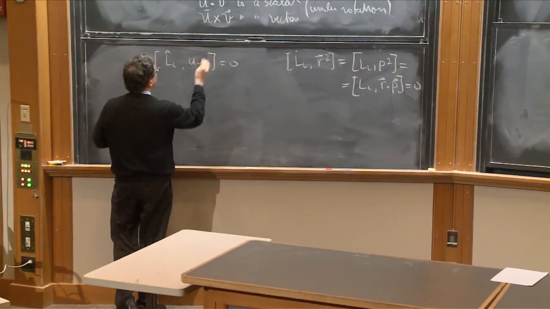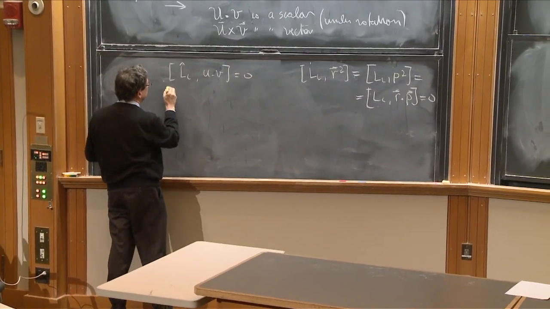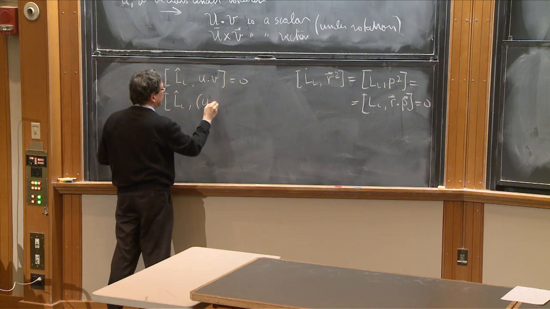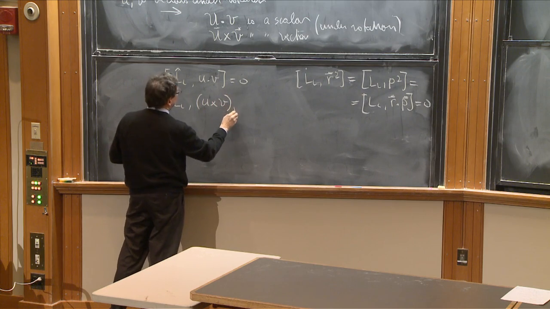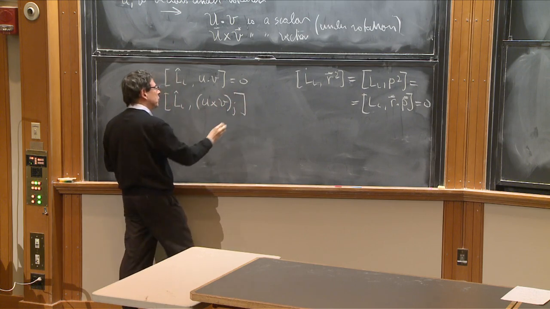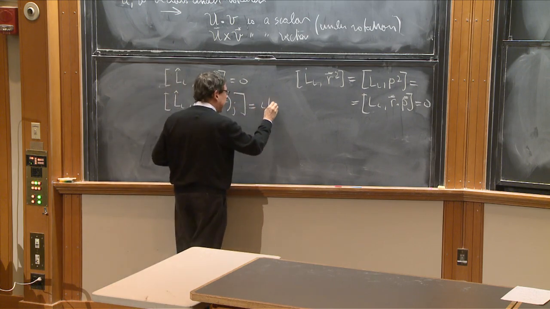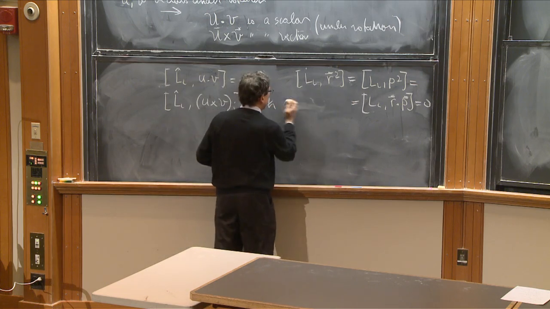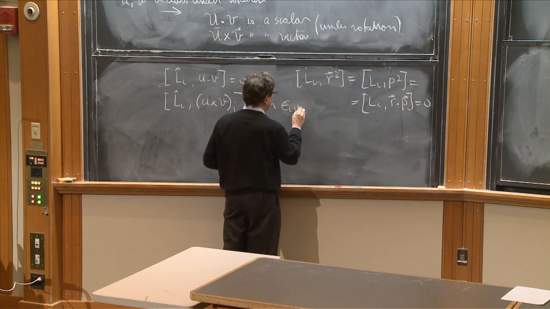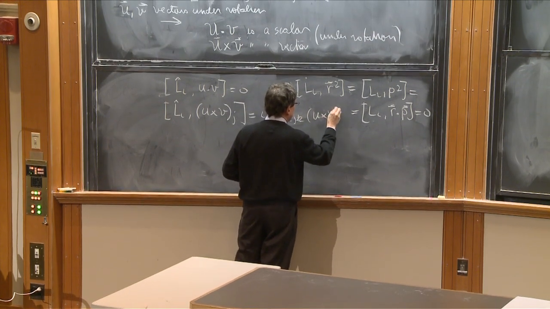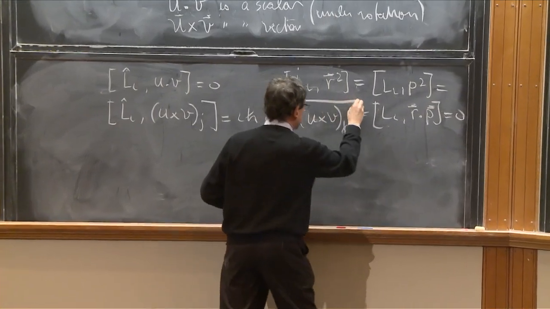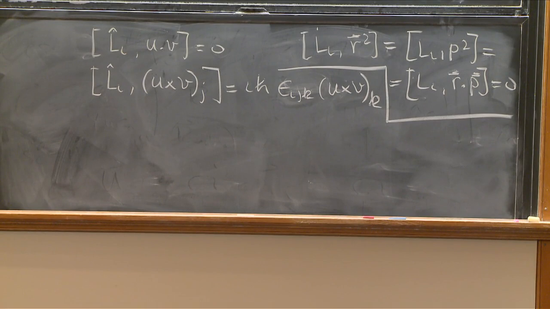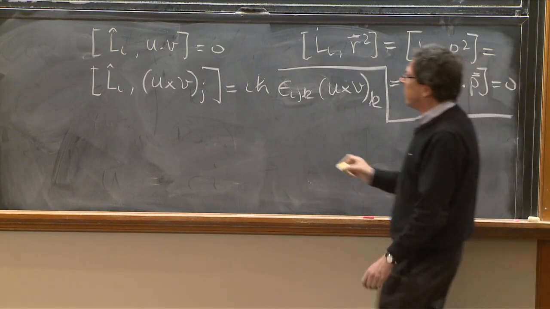Also, the fact that U cross V is a vector means that the commutator of Li with the j component of U cross V is i h bar epsilon ijk times the k component of U cross V, which is to say that U cross V is a vector under rotations.